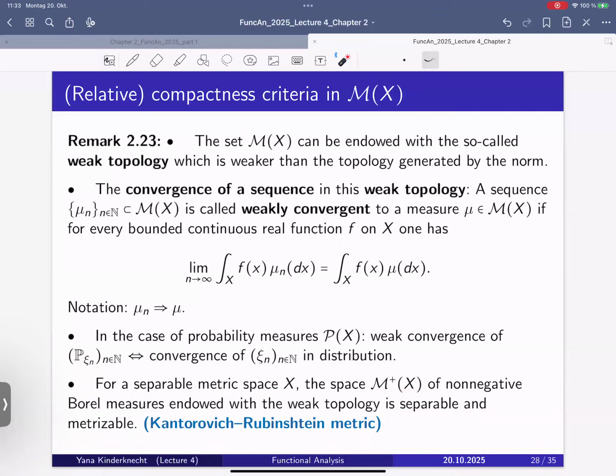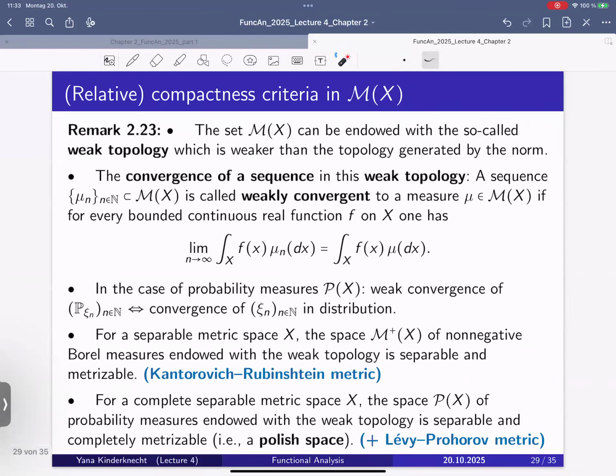It's very easy to live there. In particular, if our separable metric space is additionally complete, and if we consider not only non-negative measures but probability measures, again with the weak topology, then this space P(X) is not only separable and metrizable, but also completely metrizable. That is, it is metrizable in a way that it becomes a complete metric space.